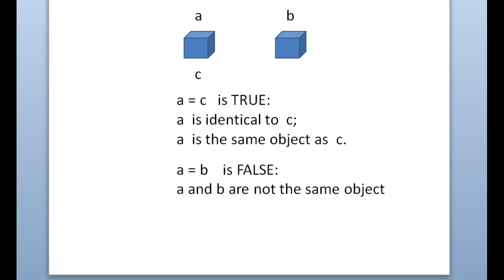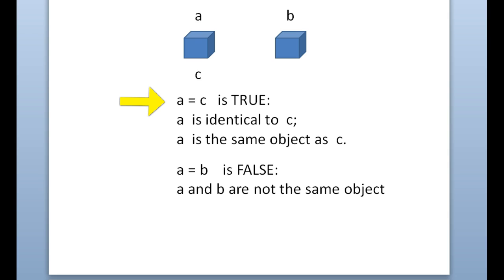Now, if you look at these two cubes, if cube A has another name, if it's also called C, then it's true that A is identical to C, because there you're saying that the same object is identical to itself. So the sentence A equals C, and we'll sometimes read it that way just because we are using the equal sign.